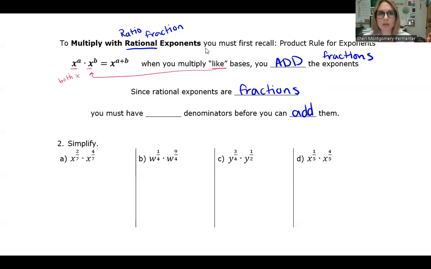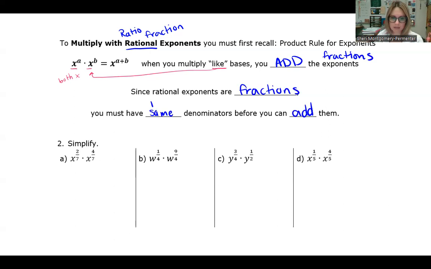Okay, before we can add fractions, we have to have blank denominators. Exactly right. They have to be similar. They have to be the same. They have to be common. So let's write down all those words. They have to be like denominators.